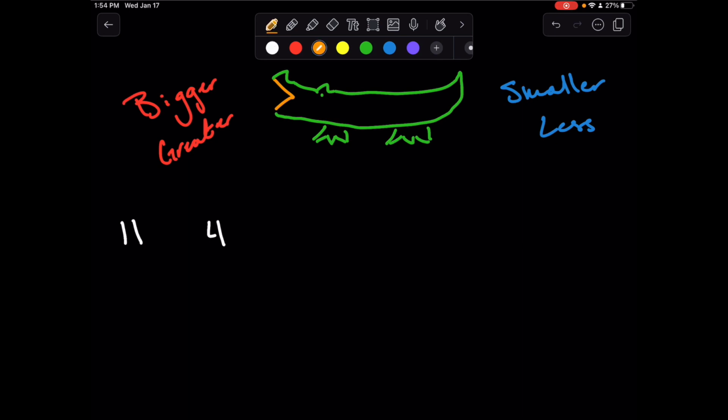And I assume that you've paused, you've taken your moment, you've done those things, and now let's go through it. So we have 11 and 4. We know that 11 is bigger than 4, so the alligator is going to open up to eat the 11.